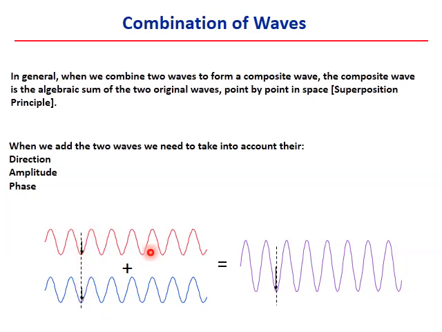If I add these two having different amplitudes a1 and a2, since they are in the same phase, I'll have a wave with higher amplitude. The phase can be different, but the amplitude is definitely larger here.